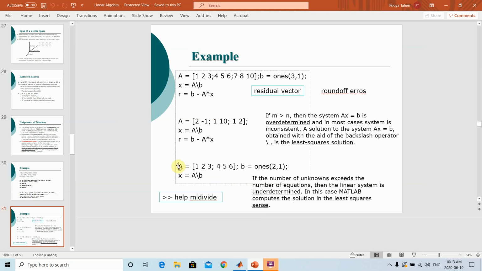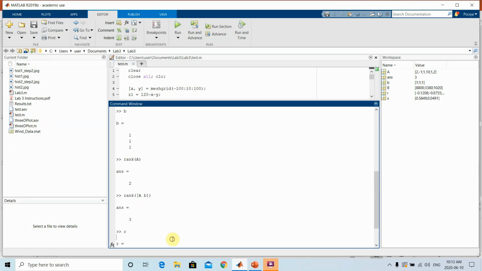Let's look at another example here. So here, this is matrix A. We have 2 rows, 3 columns, right? So we have 2 equations, 3 unknowns.